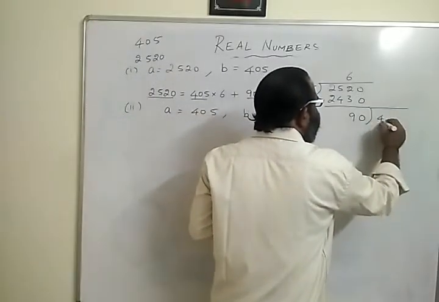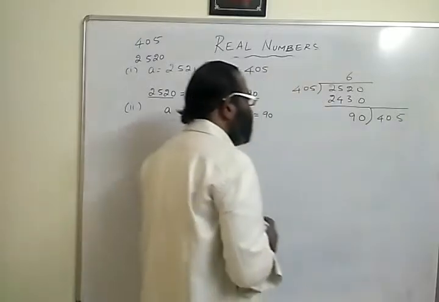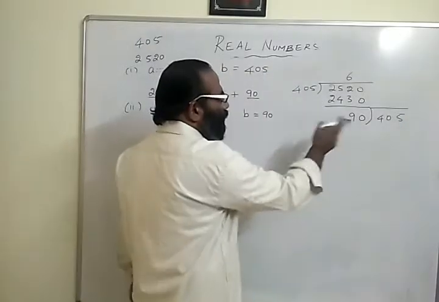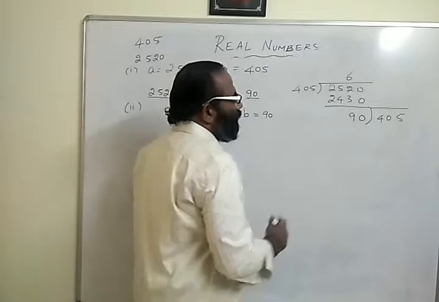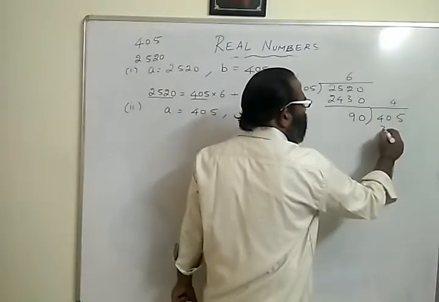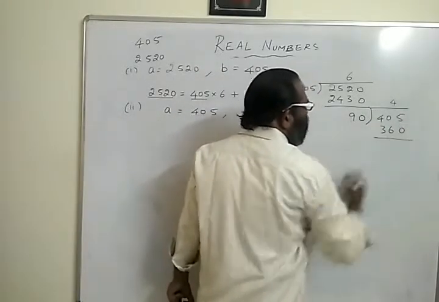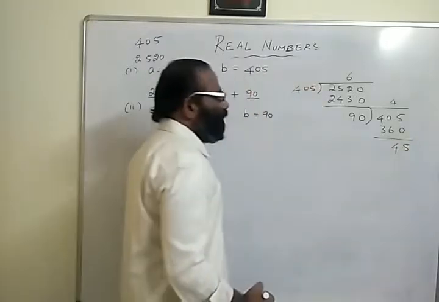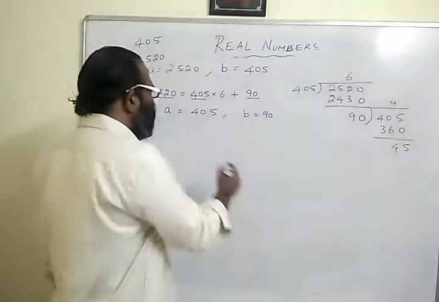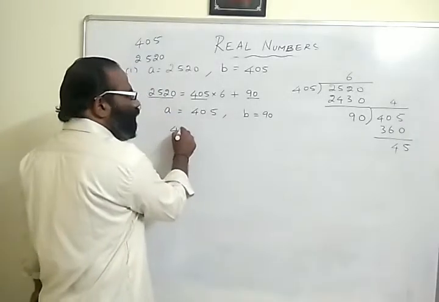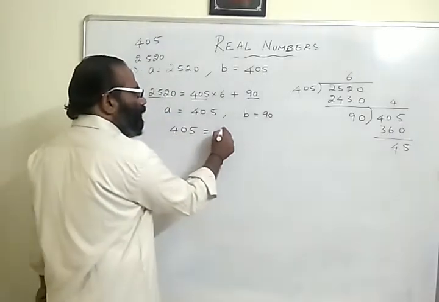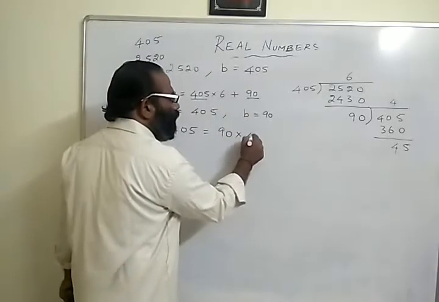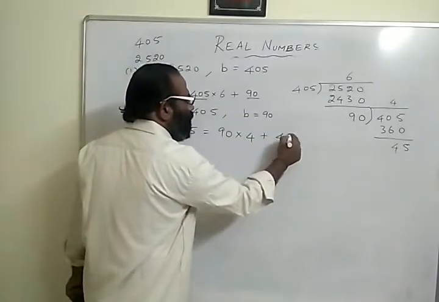Then the division: 90 4s are 360, so you have 45 left. So it becomes 405 equals 90 into 4 plus 45.